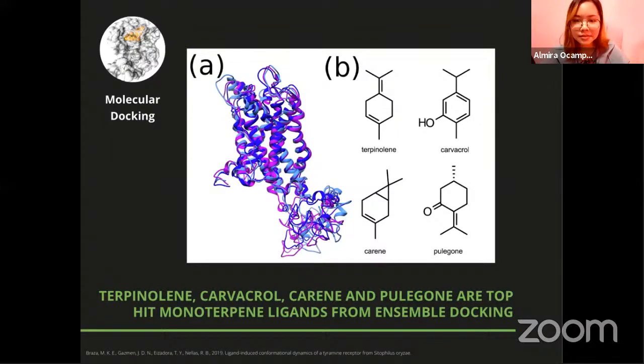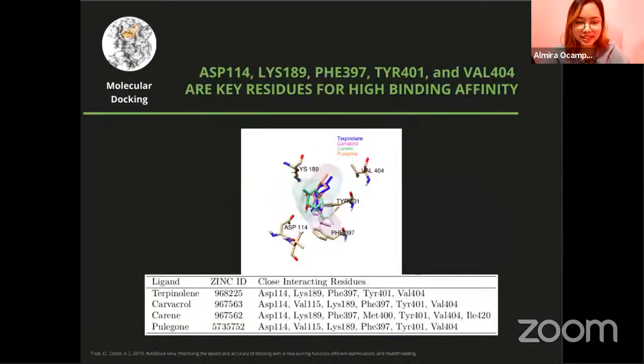Okay, next slide. So looking at the interactions with the receptor, the top hits were found to share the same binding pocket, meaning they binded in the same area in the tyramine receptor. So the high binding affinity of the ligands was recorded from the close interaction with these residues. So what are residues?